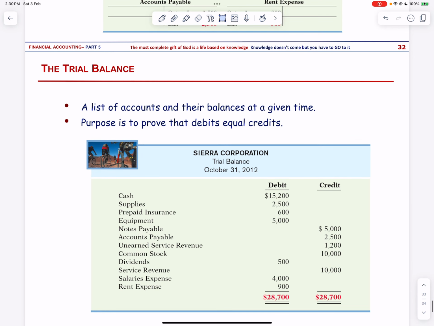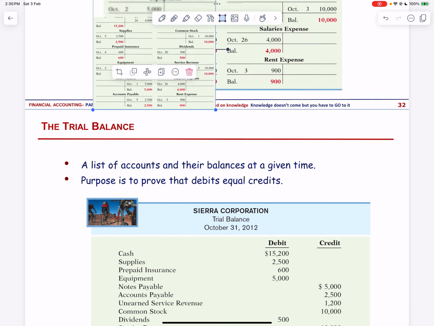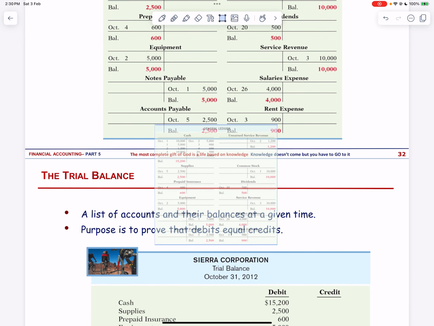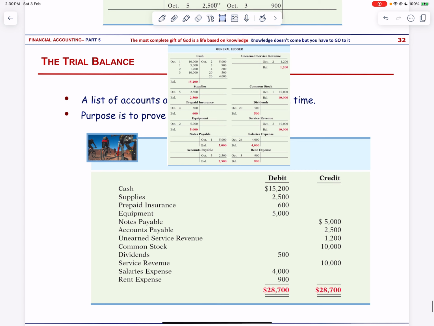So for cash, the balance is in the debit, 15,200. For unearned revenue, it is credit by 1,200. For supplies, it is a debit balance of 2,500.